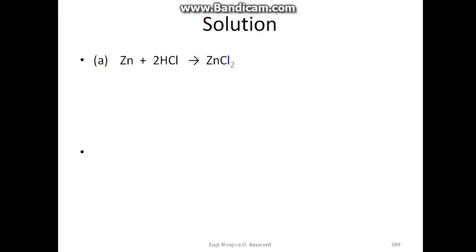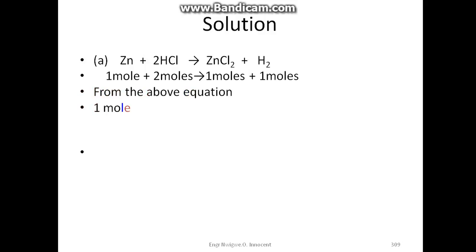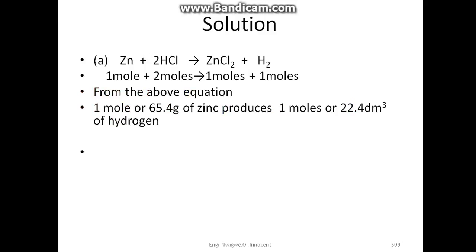Solution for question A. 1 mole of zinc reacts with 2 moles of hydrochloric acid to give 1 mole of zinc chloride and displaces 1 mole of hydrogen. From the above equation, 1 mole or 65.4 grams of zinc produces 1 mole or 22.4 dm cube of hydrogen.